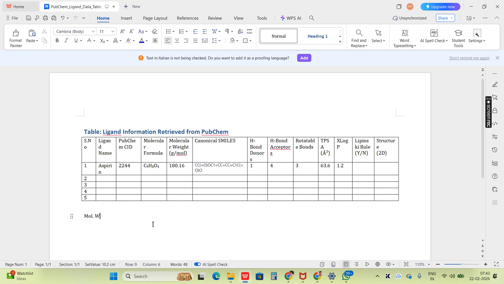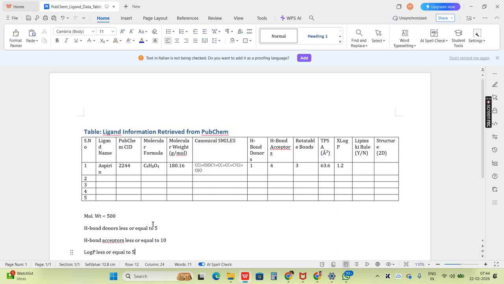Try to remember the Lipinski rule: molecular weight should be less than or equal to 500, hydrogen bond donors should be less than or equal to 5, hydrogen bond acceptors should be less than or equal to 10, and the XLogP value less than or equal to 5.